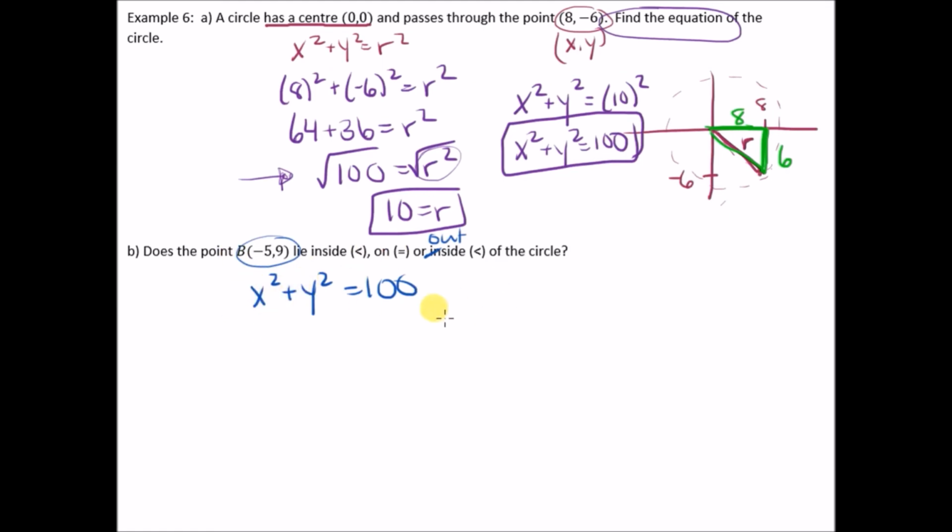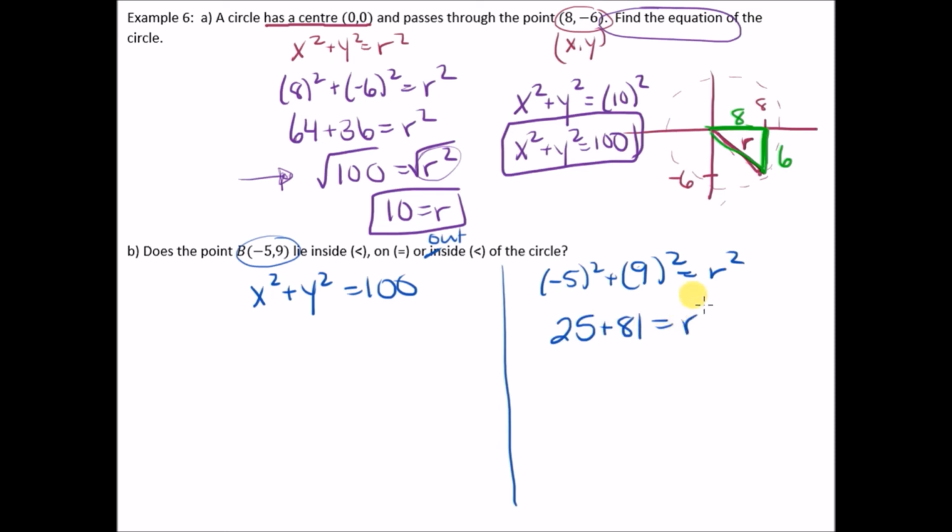Okay, because if you think about it, negative 5 squared plus 9 squared equals, let's actually find the radius of this one. Okay, this is 25 plus 81. So 25 plus 81, I get 106. So I get 10.29 equals R.